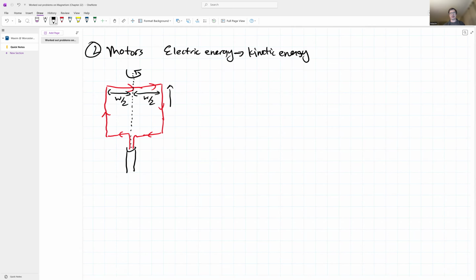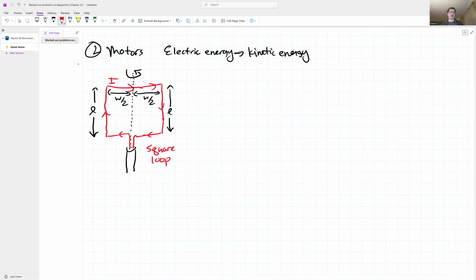And this is going to be a length. And then it's the same length over here, L. So it has a width and a length. It's a square loop. I know I didn't draw the best square, but it has some current I running in it.